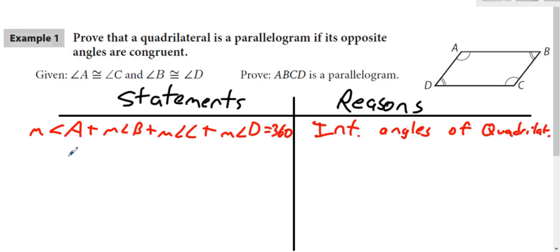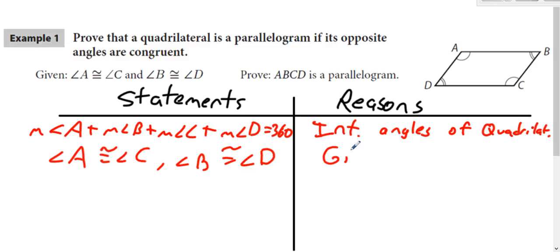So now I'm going to write angle A is congruent to angle C and angle B is congruent to angle D. That was given. So if they are congruent, that means the measures are equal. So we can do some substitution here.